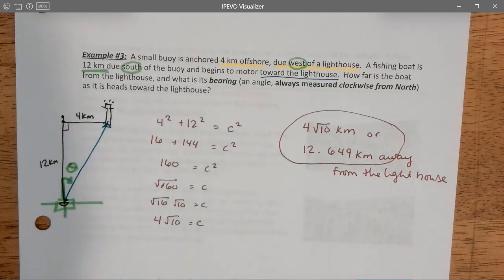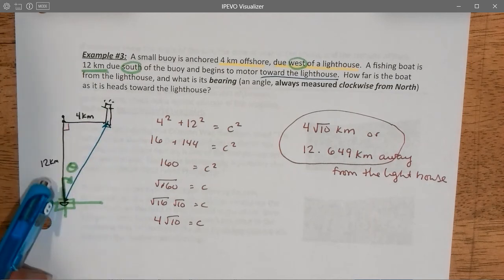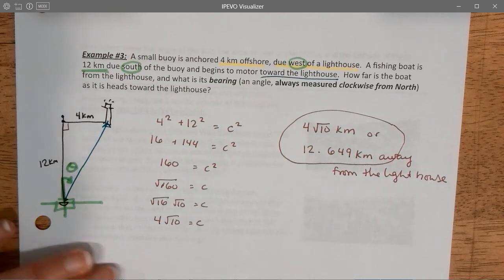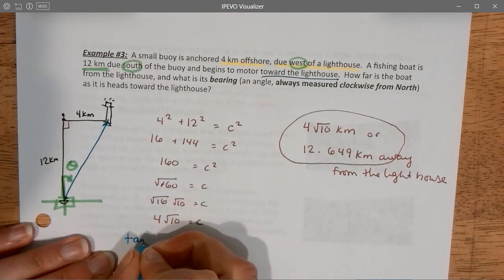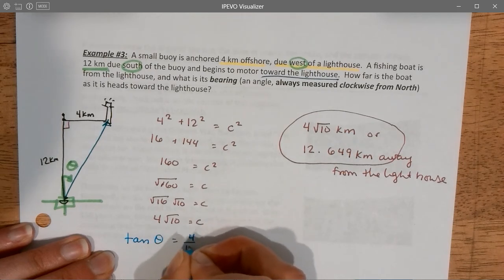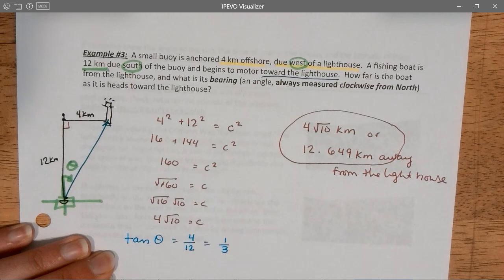Okay. In terms of the original 4 and 12, that's an opposite and an adjacent. I'm not using the hypotenuse. I have an opposite and adjacent. That's going to be tangent. So the tangent of theta is equal to opposite 4 over adjacent 12. Just because it reduces so nicely, we'll go ahead and put 1/3 there.